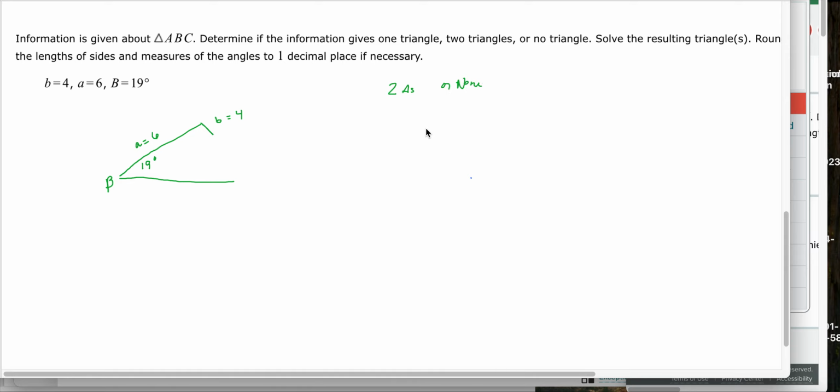I'm going to find H to see what the possibility is. H is just going to be the height that I'm going to drop at a right angle. Then I'm going to set up the trig ratio, which is sine of 19 equal to H over 6. So H is going to be 6 times sine 19, which is 1.95.